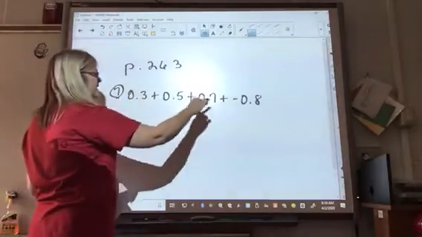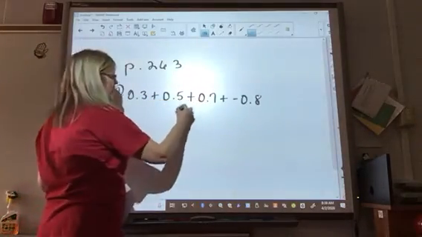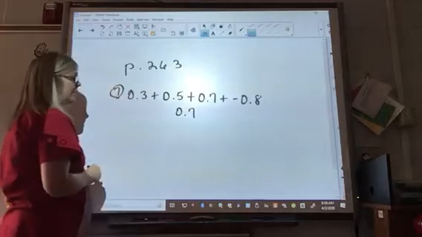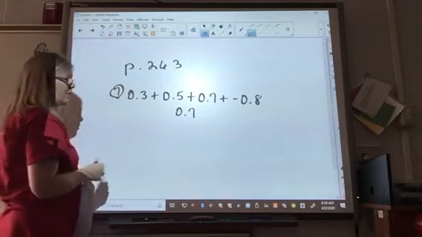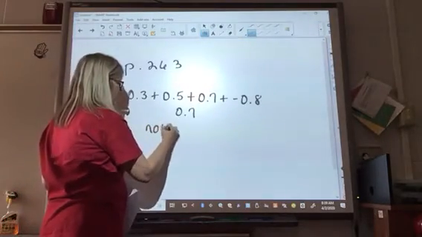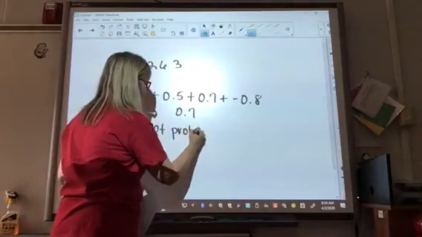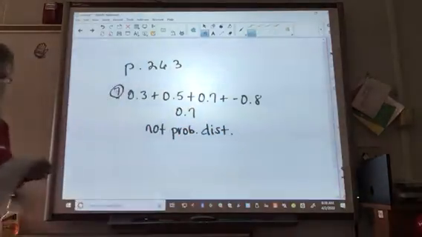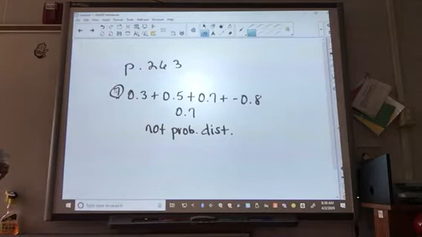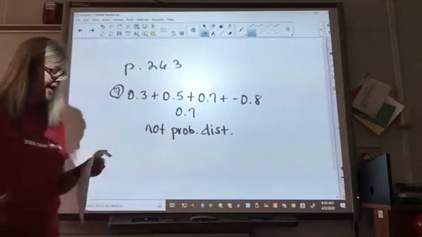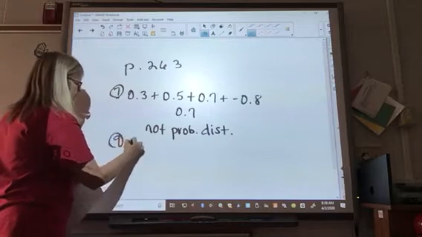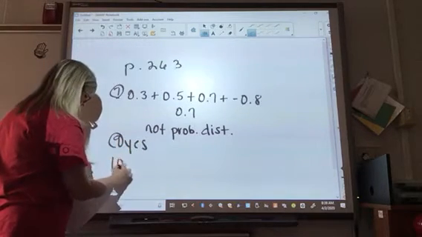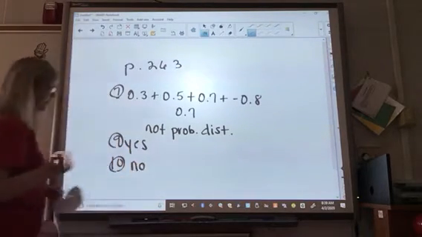If you punch these in and add, I think they add to 0.7, okay? Which is obviously not 1, so therefore this is not a true probability distribution. Okay? If you wanted to check, number 9 does add to 1, and number 10 does not.